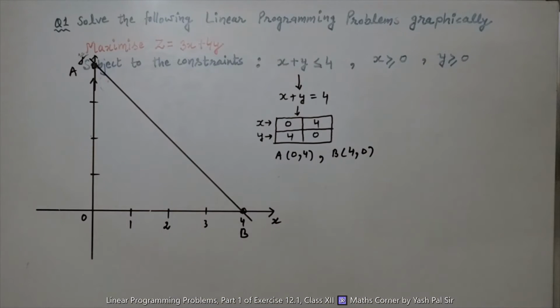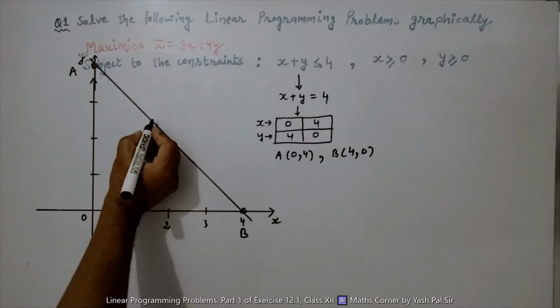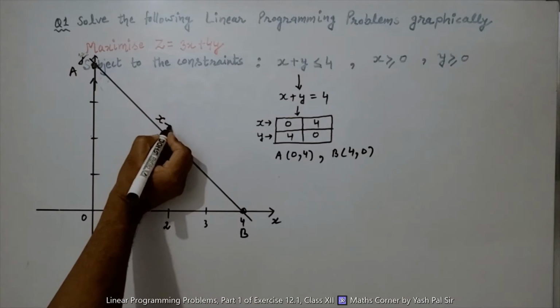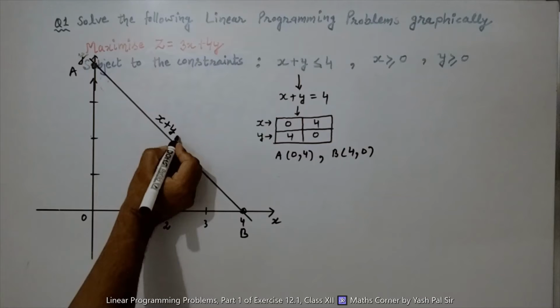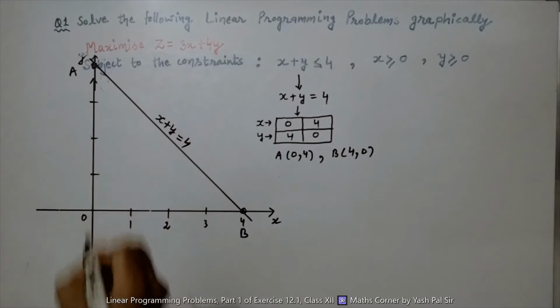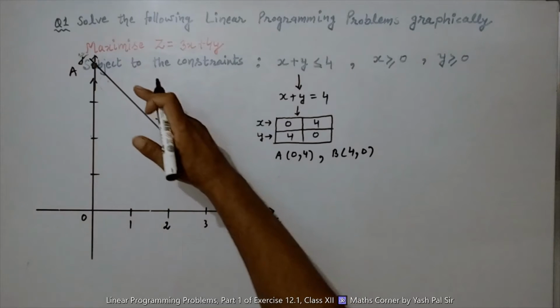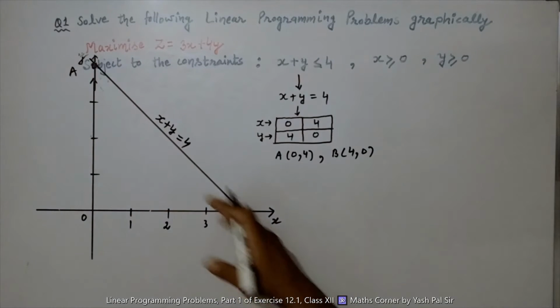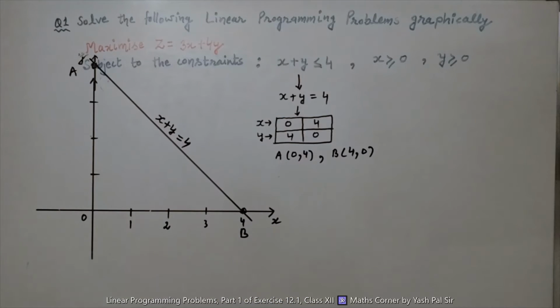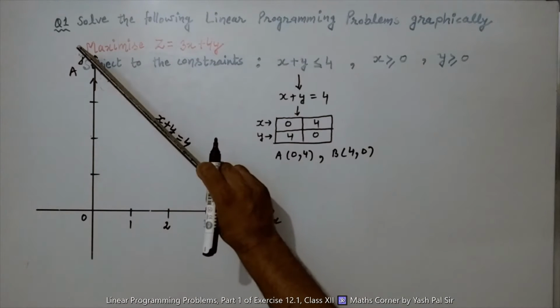And the name of this line is x plus y is equal to 4. Now the thing is, which side do we have to shade? The whole two-dimensional plane is divided into two parts.